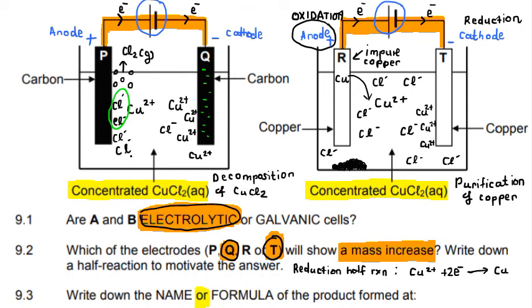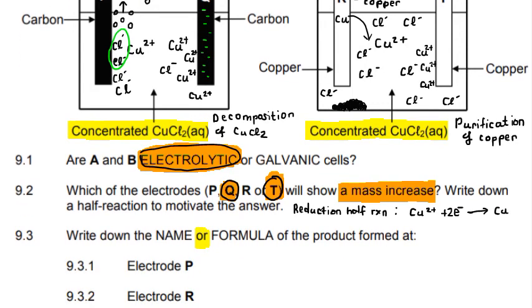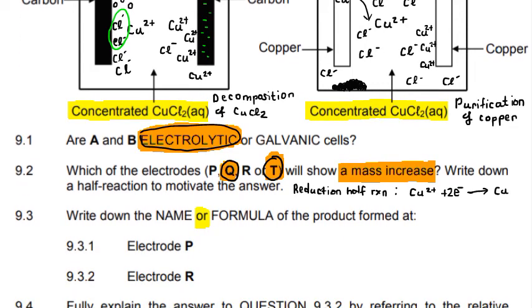For electrode P, I already told you that what's coming out over here is chlorine gas, due to the oxidation of 2 moles of Cl minus ions. I think the best thing to do is to use the formulas. What's being produced there is Cl2 gas.